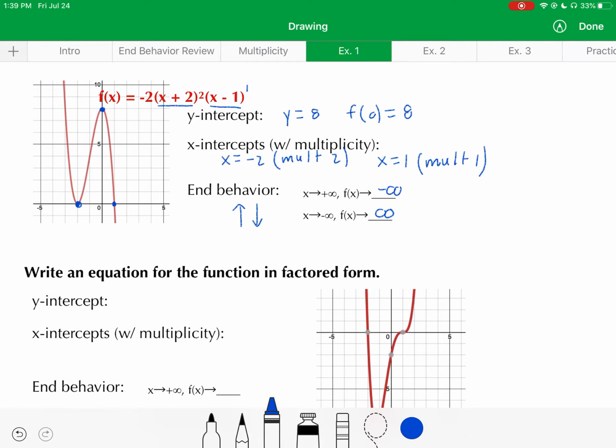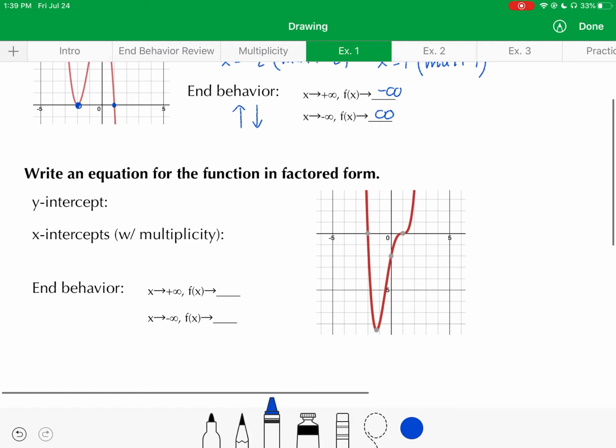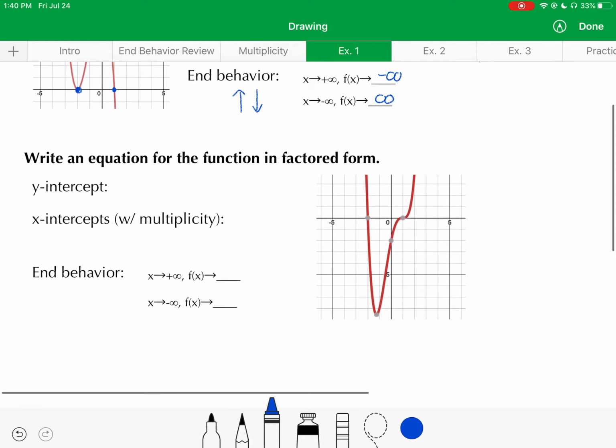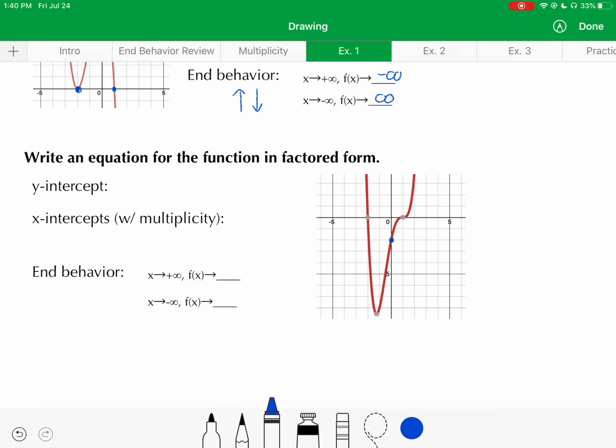Okay. All right, second example here, all we're given is the graph of the function, and now we need to write the equation for the function from that graph, okay? So starting with the y-intercept, it's got a y-intercept at -2. It looks like it has an x-intercept at -2. And I would say the multiplicity on that appears to just be 1 since we're crossing through to the other side of the x-axis.